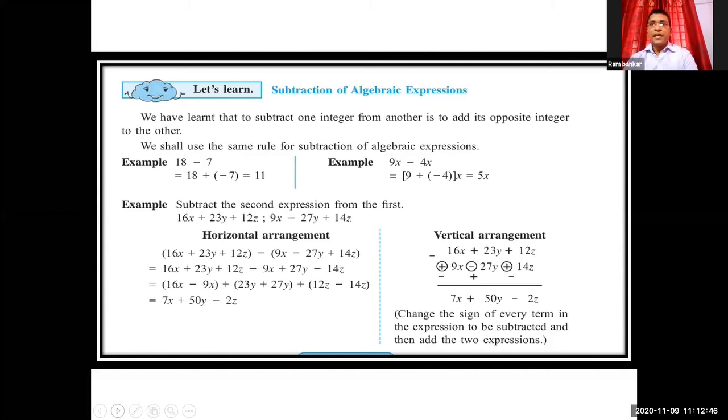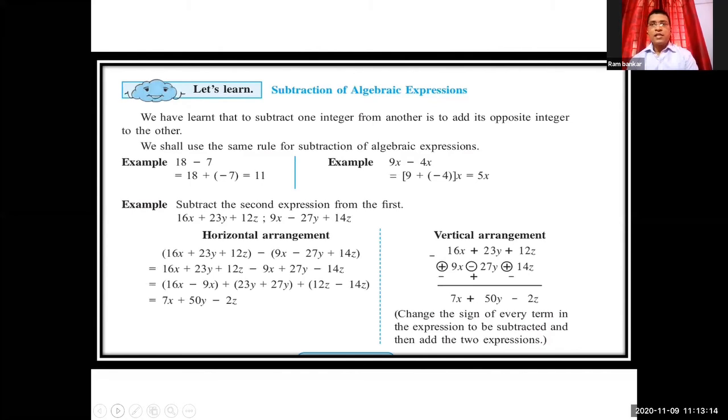Subtract the second expression from the first. 16x plus 23y plus 12z. This is the trinomial. The second also a trinomial. Second algebraic expression 9x minus 27y plus 14z. This is also a trinomial. We have to subtract trinomial from trinomial.